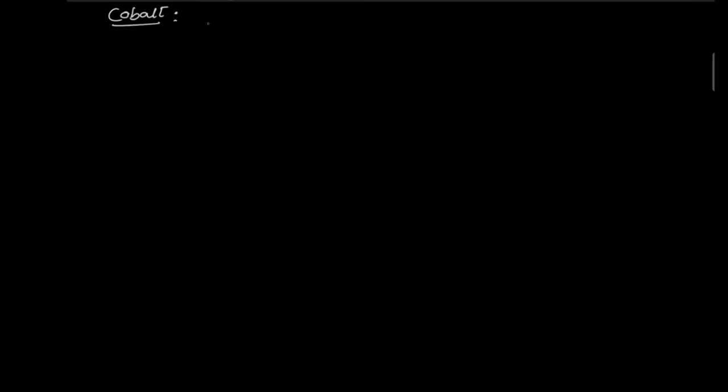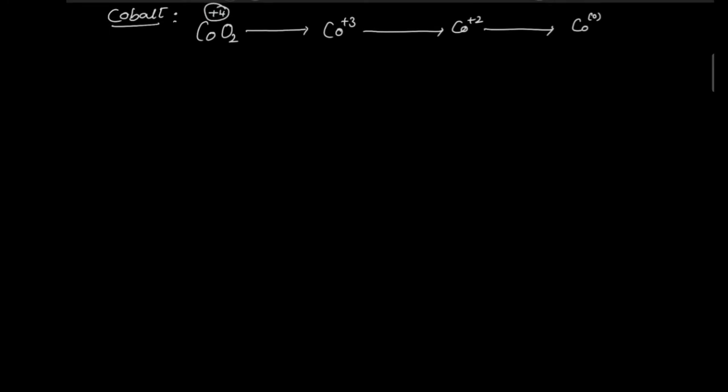I'm going to write the Latimer diagram directly. Cobalt oxide gets converted into cobalt +3 and cobalt +2, and again cobalt 0. So here the cobalt is in the +4 oxidation state, which is the highest oxidation state, and this is the lowest oxidation state.